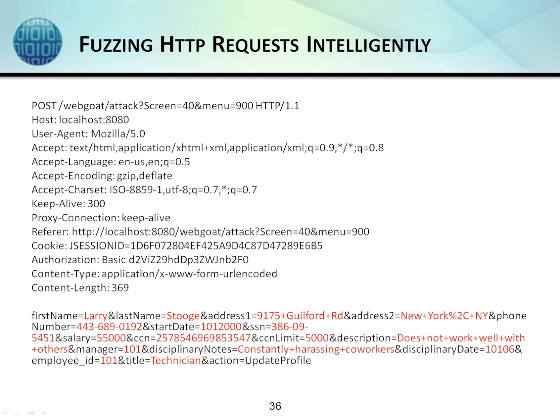If you start fuzzing that, you're not going to get any meaningful results. You might also realize that the screen and menu parameters essentially control which lesson you're accessing. Initially you might fuzz those and see what happens, but you might realize after a while that messing with those doesn't get you very far. Then you hone in on the parameters you're most interested in, the ones highlighted here in red. You would figure that out as you're testing the app over time.